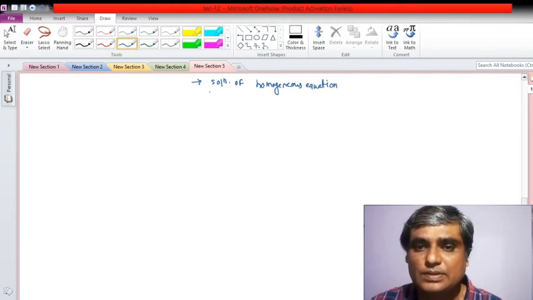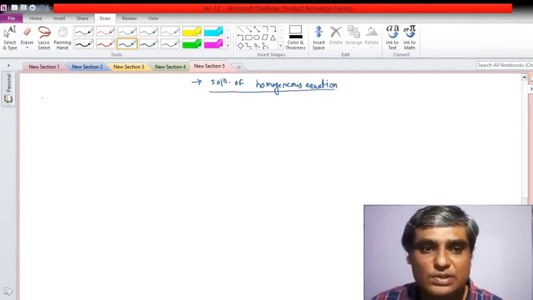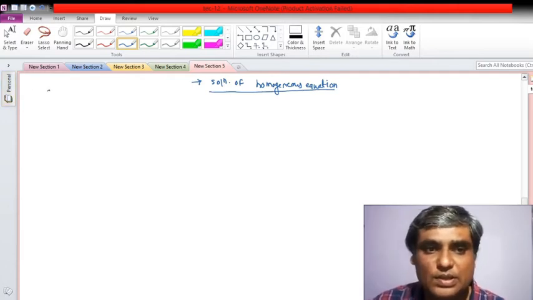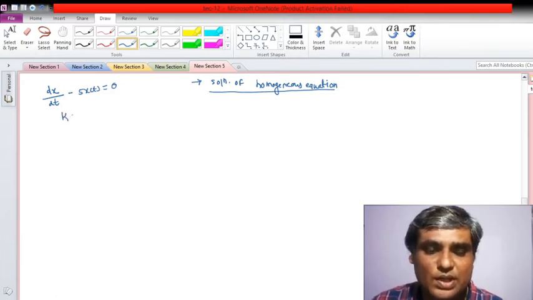Fine. So let us write the general equation. Suppose I start with an example: dx by dt plus 5 into x of t equals 0, right? So what is the solution? It is assumed that the solution of this is, let's say, k into e raised to minus 5t. Okay, so suppose this is my solution.